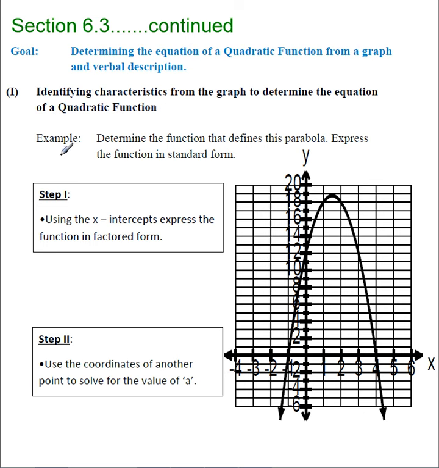So the example, we have to find the function that defines the parabola shown here and express it in standard form. Now, we're going to pick out some information before we begin. Remember what the vertex is and the x-intercepts.